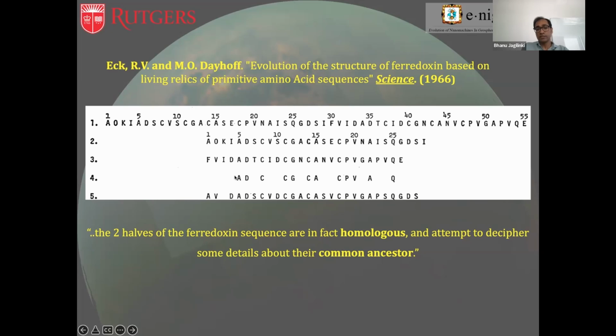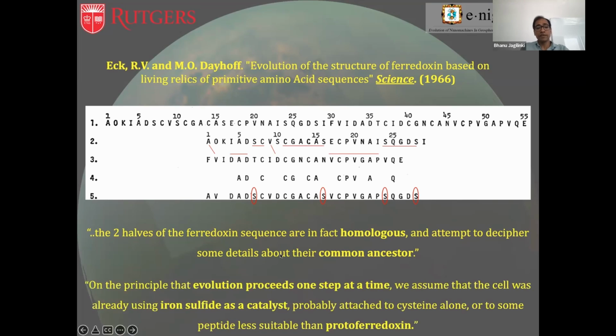And just taking these conserved residues in line 4, wherever they come, either in the first half or the second half, and by including 4 additional serines, she built an around 30 amino acid sequence, about a half ferredoxin sequence, which she calls the mother or the ancestor of these 2 half regions.